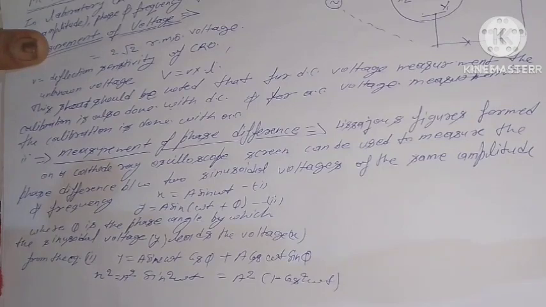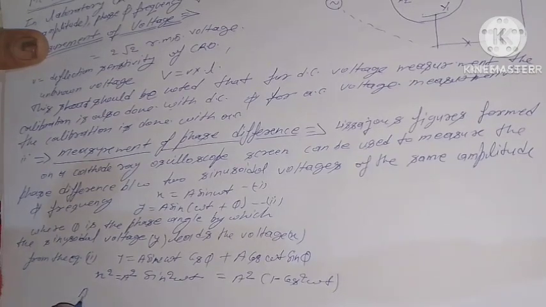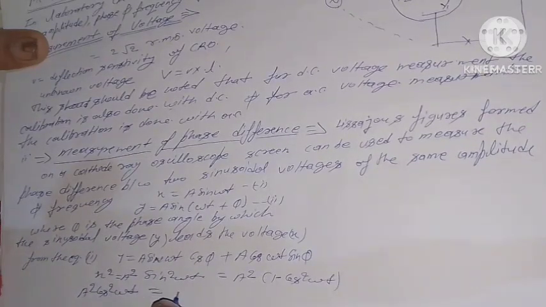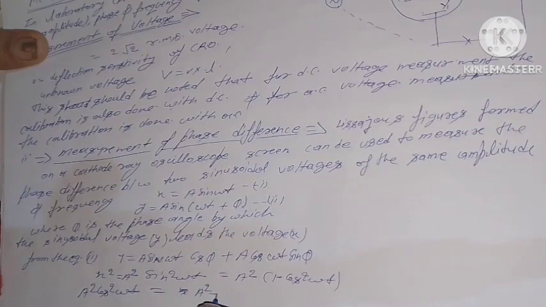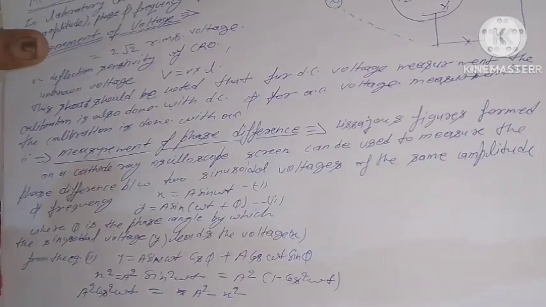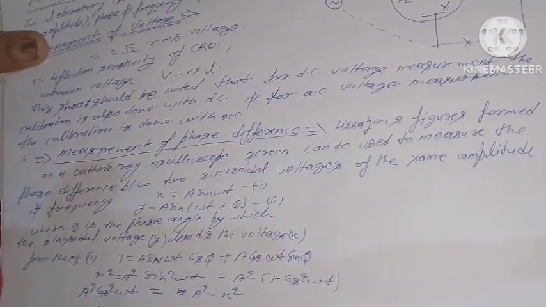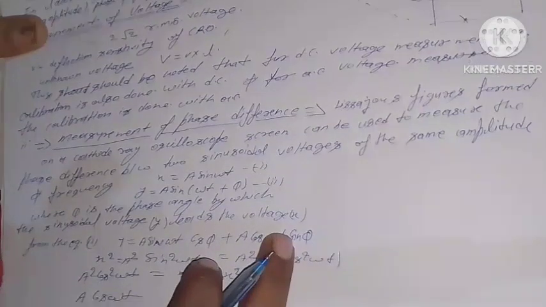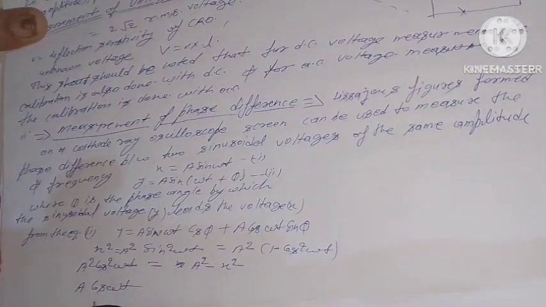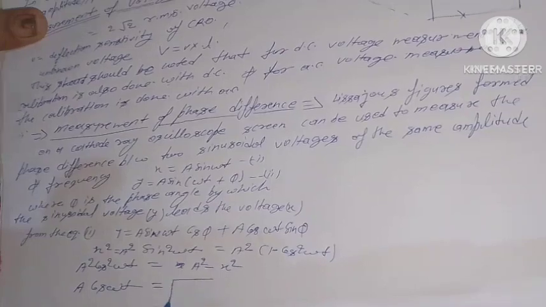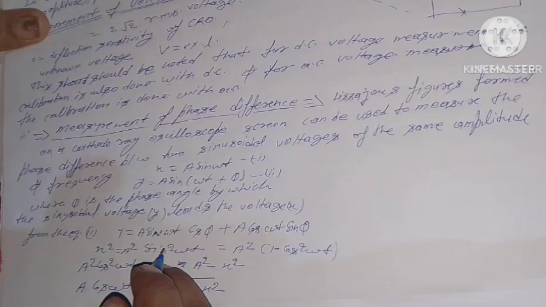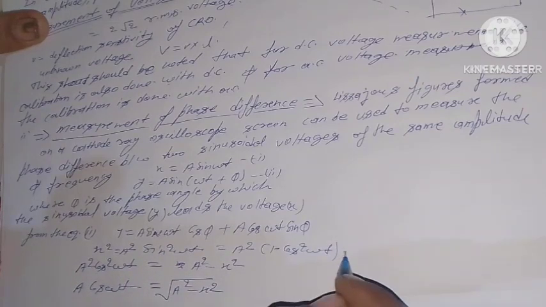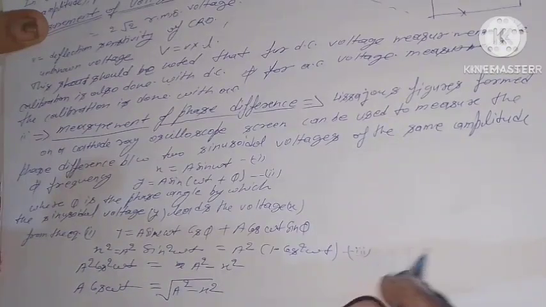Then a squared cos squared omega t equals a squared minus x squared, so a cos omega t equals the square root of a squared minus x squared. This is equation number three.